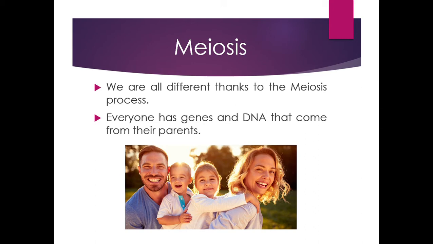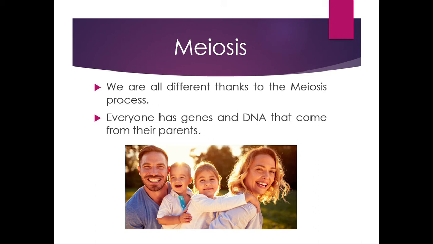But there are some cells that divide through the meiosis process, and those are the gametes or the sex cells. In males, we find the sperm, and in females, we find the egg or the ova. You can call it both ways. In the meiosis process, and specifically in the sperm and ova, they don't generate identical cells, but cells with different genetic material.